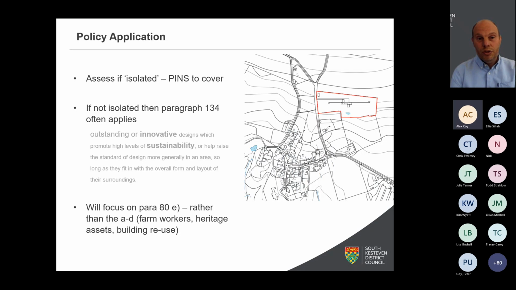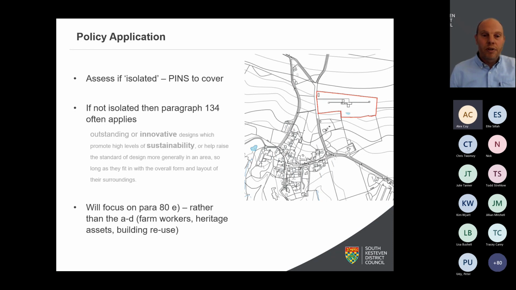If it's concluded that it's not isolated, then you do often refer to paragraph 134, which has a number of differences and similarities to paragraph 80. One of the differences is it's outstanding or innovative. It picks up on sustainability, particularly, but it also alludes to fitting in with the context.